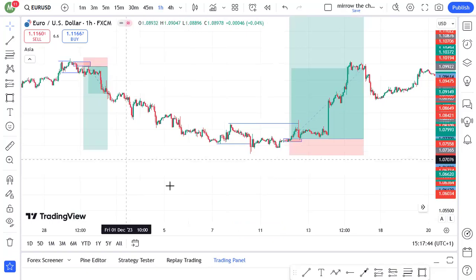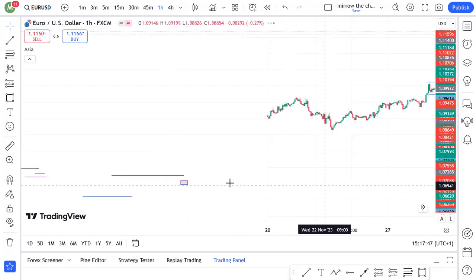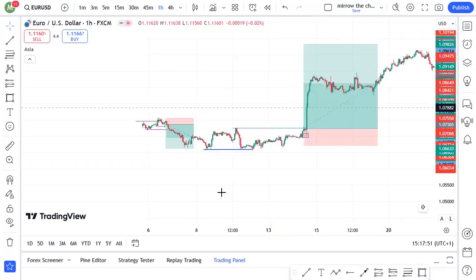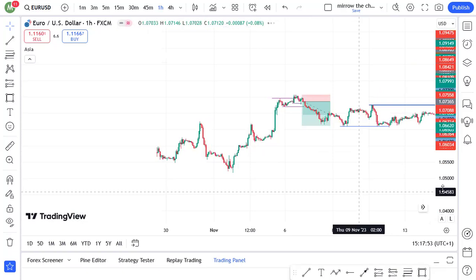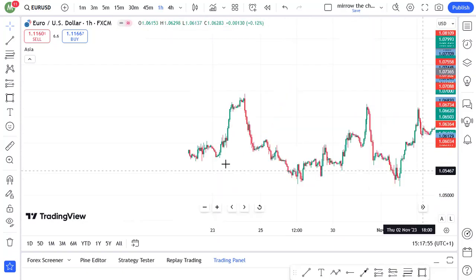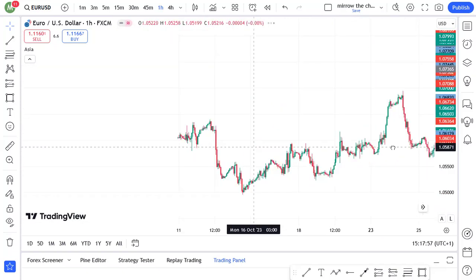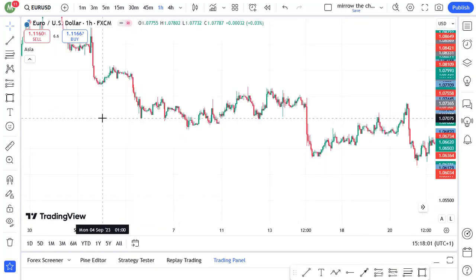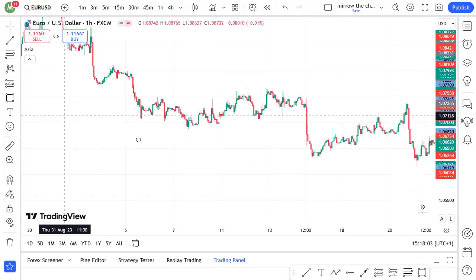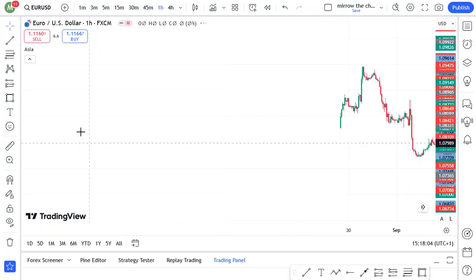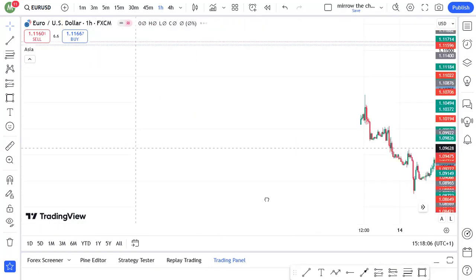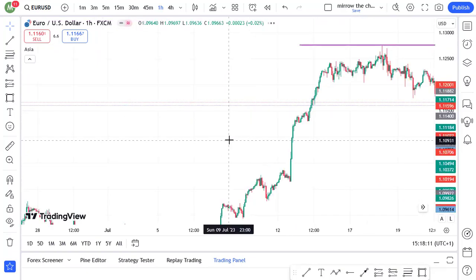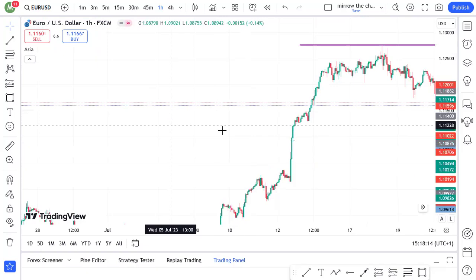This is December. Increase your time frame. This one is supposed to reach 2 years. This is July now, 2023.